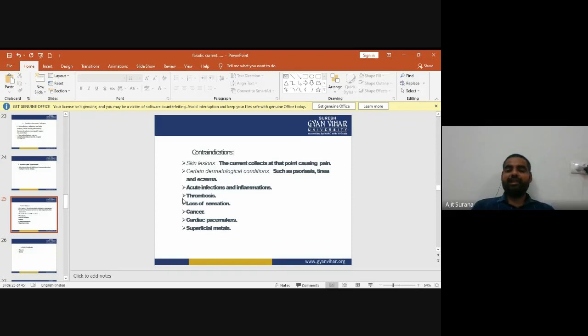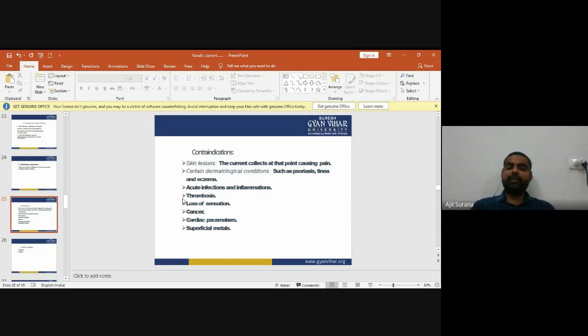Acute infections and inflammations. Thrombosis. Loss of sensation, cancer conditions, cardiac pacemaker, and superficial metals.